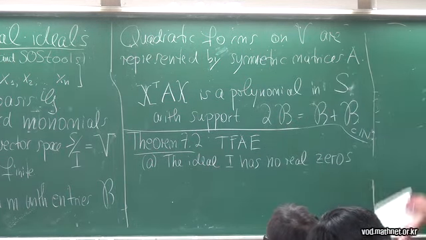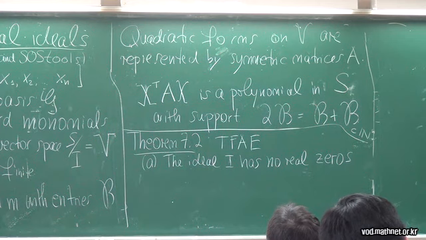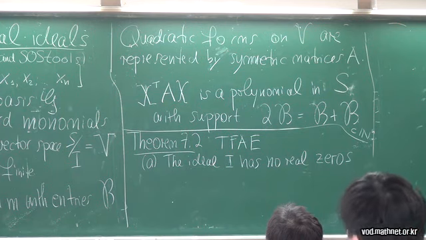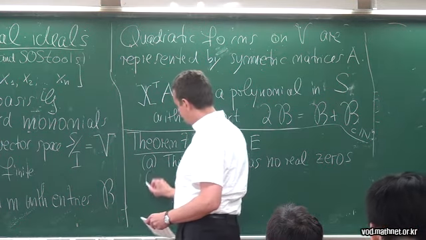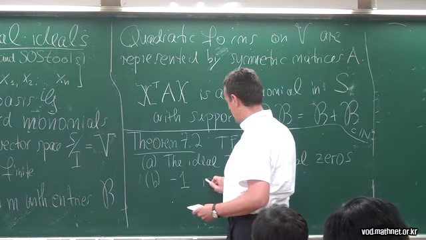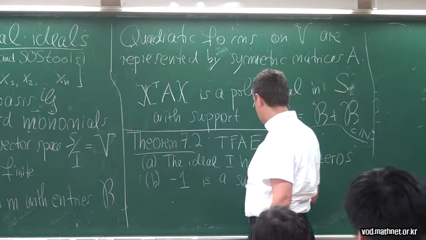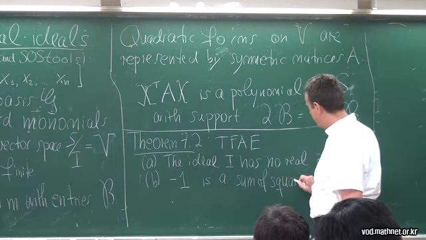Okay, so somebody gives you a system of polynomial equations, M, the number of standard monomials, which is the number of complex roots counting multiplicity, is finite. And now we're interested in under what condition there are no real roots at all. There are no real roots. Okay, that's A. B, minus 1, a scalar minus 1, is a sum of squares in V.